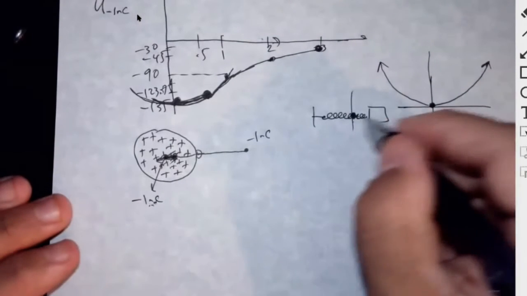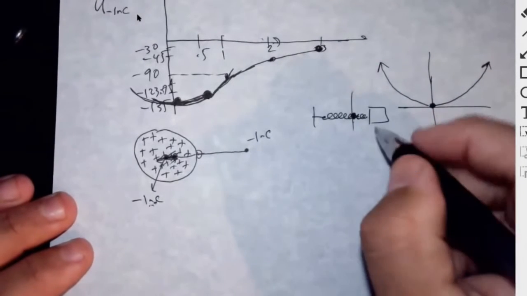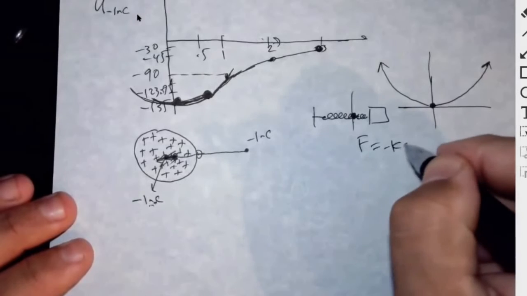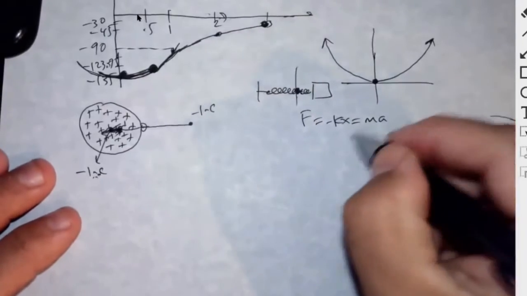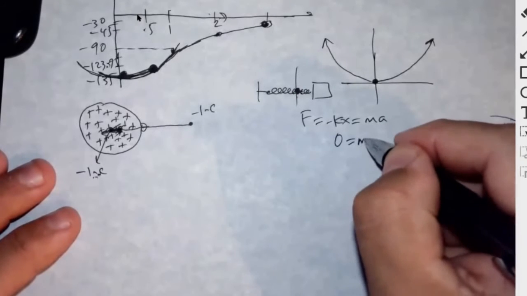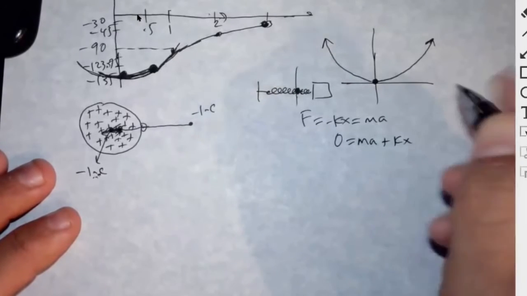So what is the frequency of oscillation of that? Well, we have F equals negative Kx, which is ma, right? So 0 equals ma plus Kx.